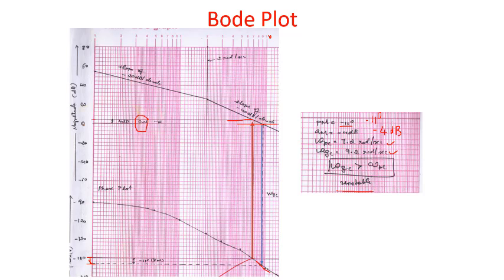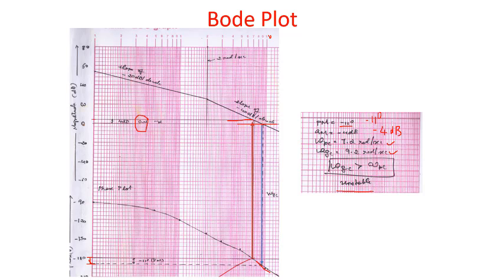Then what will we get? We will get the phase crossover frequency and gain crossover frequency equal. Then the system will become stable. Okay. If, for example, the phase margin and gain margin both are positive, then what will happen? The phase crossover frequency will be greater than the gain crossover frequency. Then the system will become stable.